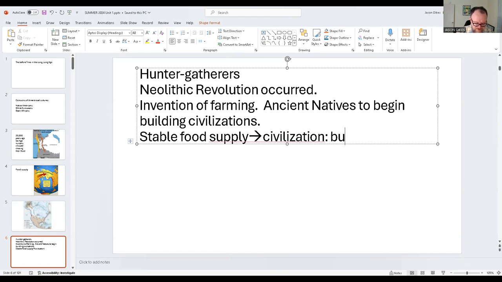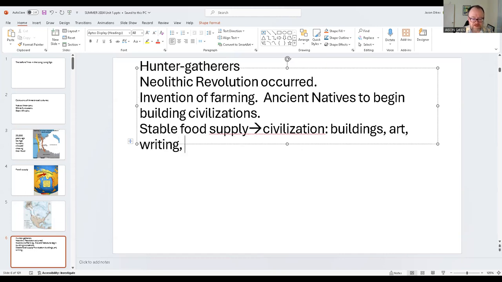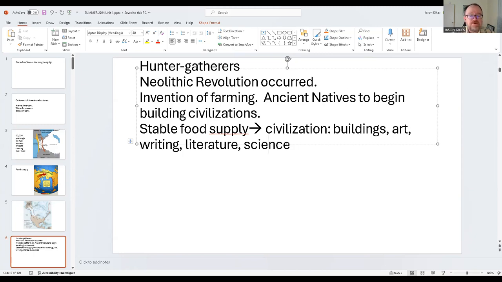So we see things like buildings, we see art, we see writing, we see eventually literature, we see science, we see all those things building because people have a stable food source. Now, it's not everybody who gets to go into art and literature. There's a lot of people who still have to do the food stuff.